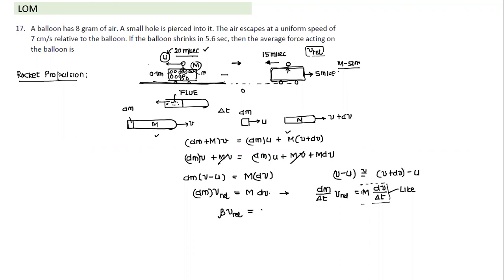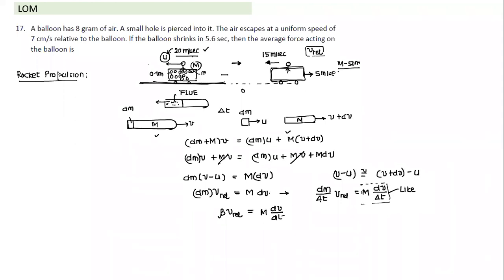That is equal to a force which acts, into dv by dt. So whenever any mass escapes from a moving object, the remaining object will experience something like a force. That force is equal to the rate at which mass is escaping into the relative velocity. That's like a deemed force.